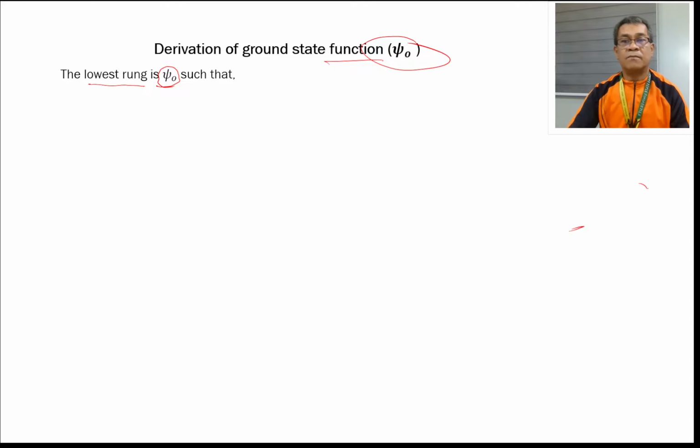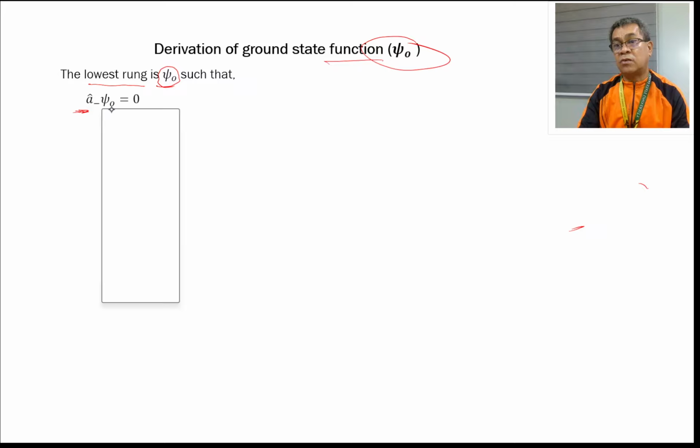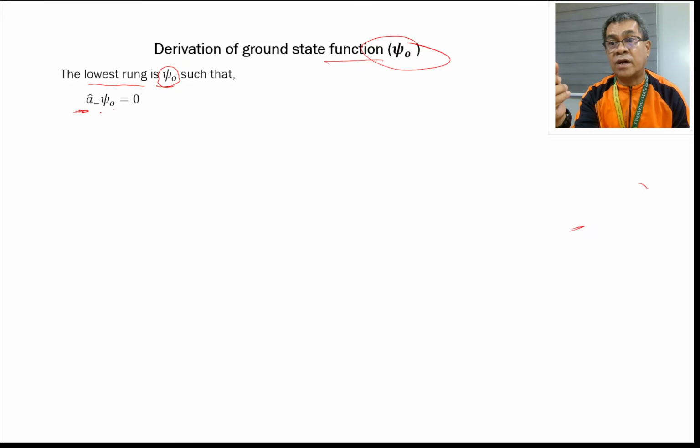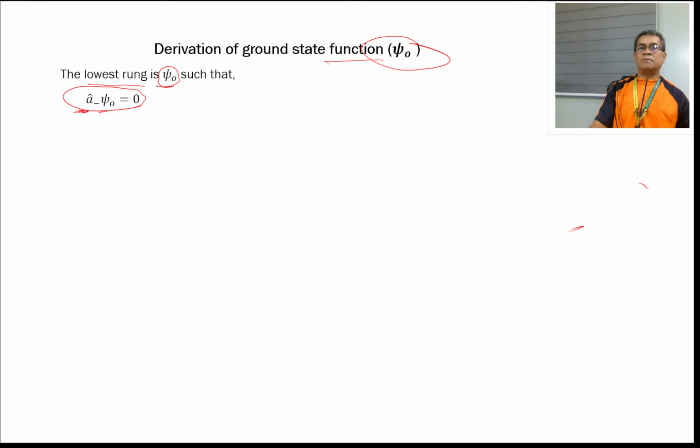That's the idea. So if we let the lowering operator, which steps down, act on the lowest rung of the wave function, of course we can see nothing below it, right? So it should be equal to 0. That will be the starting point in order to derive this one. So we want to know what this is.